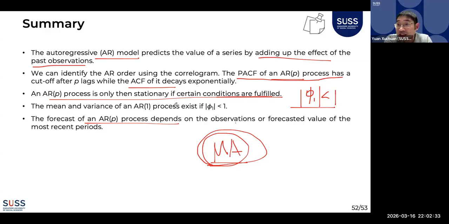If the residuals of your fitted model are white noise, then your job is perfect, you have extracted all information from the time series. If the residuals are not white noise, that means you need to consider other models to continue fitting the time series. All right, so this is all for today.